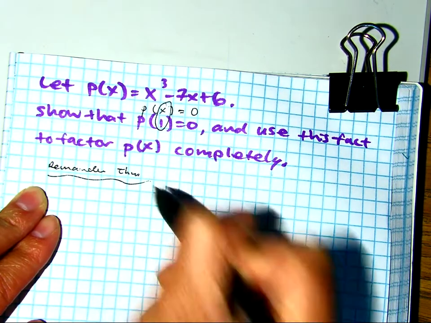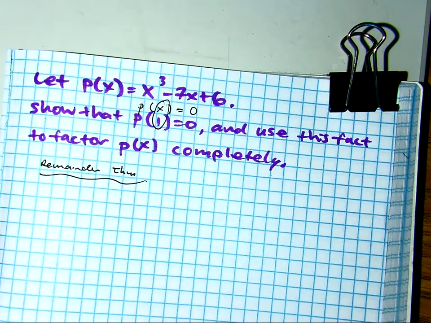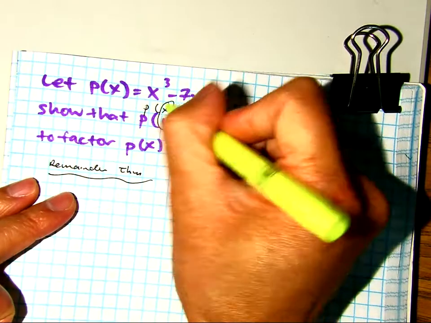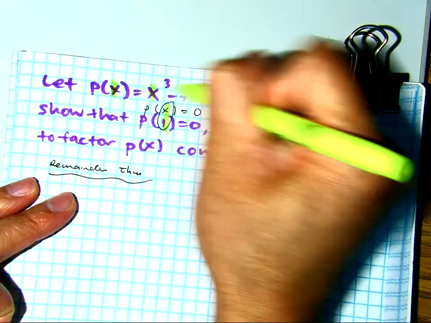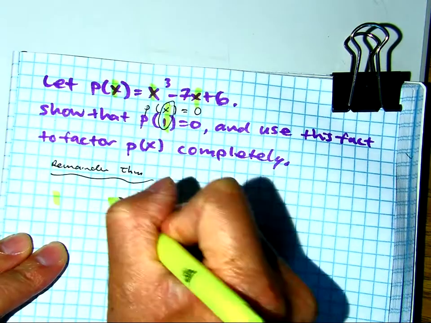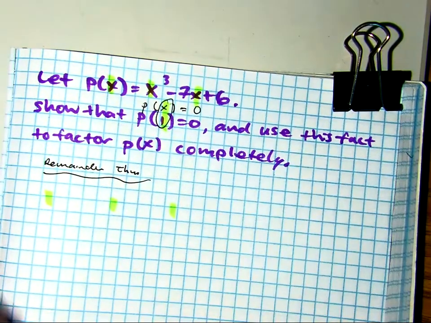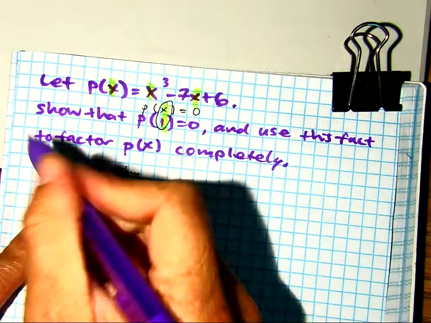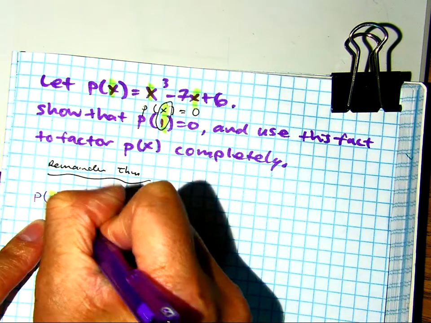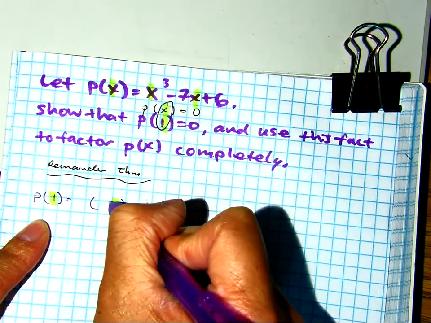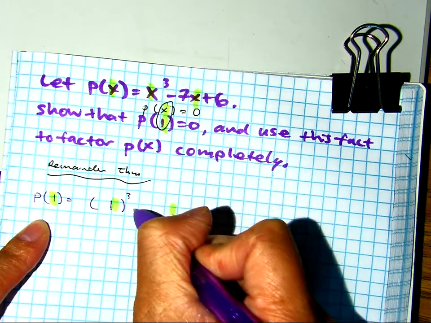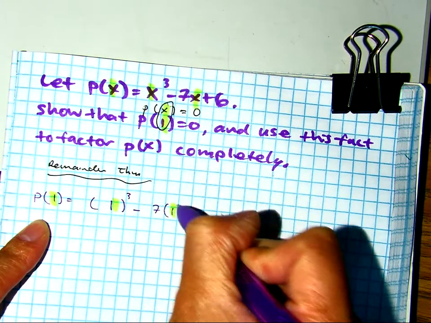The remainder theorem from Friday's lesson is that if you take this x equals 1 and we put it in for every x value, I have p of 1 equals 1 cubed minus 7 times 1 plus 6.